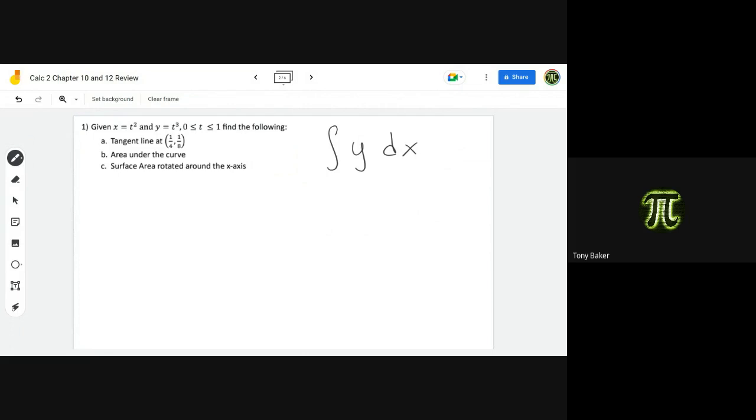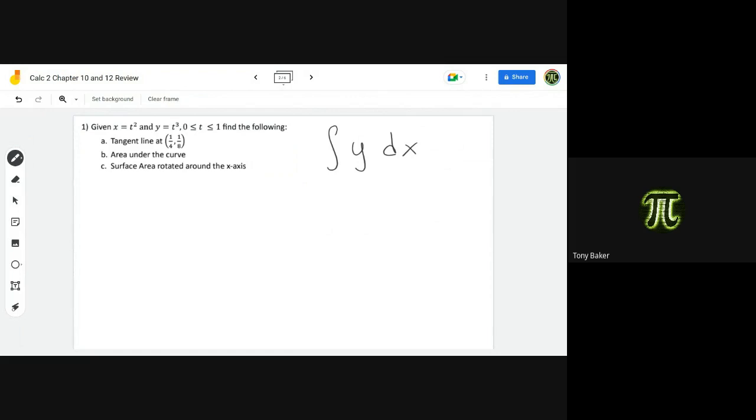In this situation, it's literally just the derivative of the x term and the y term. I'm just making sure that I got the equation right and I'm not missing any little piece of it. Yep, just y dx.